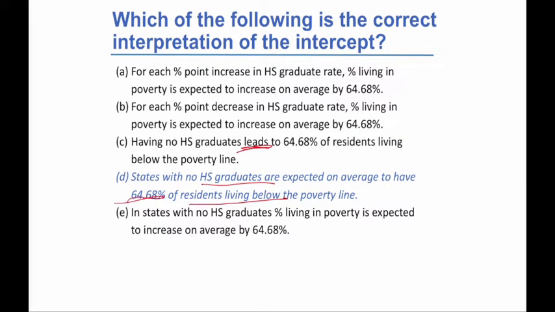Remember that from way back in Unit 1, we can't infer causation based on an observational study. We would have to do an experiment to determine causation, and it is both impractical and unethical to randomly assign people to graduate high school and determine poverty on a large scale.